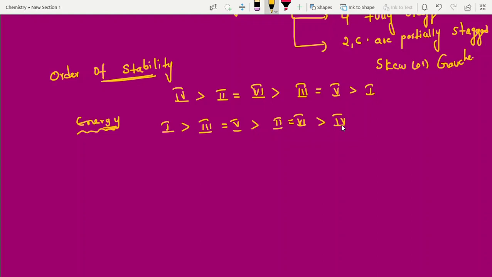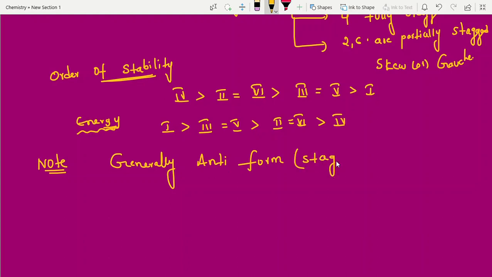Staggered and eclipsed form writing is very easy. And the most important note I am writing. Generally, staggered conformations are more stable. Generally, the anti form, the anti form only we call staggered form.